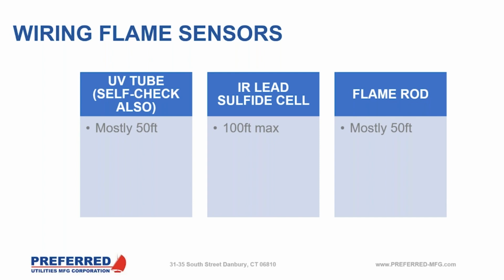And with most flame safeguards, the designers have taken a lot of precautions to make sure that any kind of noise from the ignition transformer is ignored by the flame rod or flame ionization detector. So that's basically some of the basics on the wiring. There's no doubt that there are some real issues out there, and it can be problematic when people run the wires in with other components that can cause noise induction.